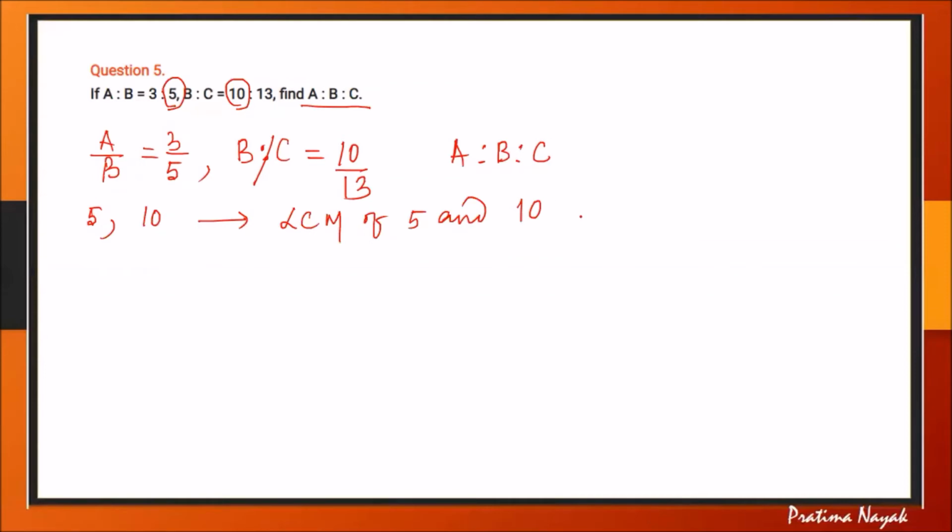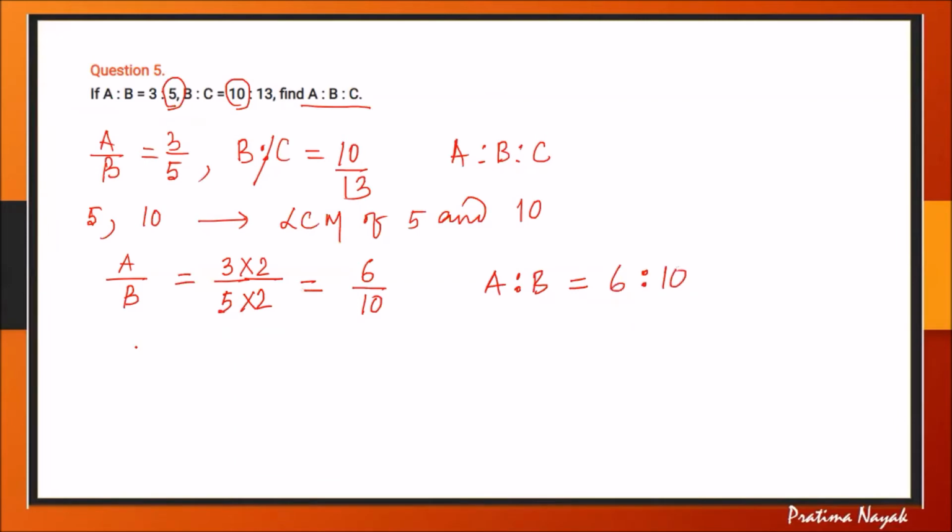So I'll make B in both cases 10. So A by B is equal to 3 by 5. To make B as 10, I'll make an equivalent ratio by multiplying by 2 and 2. So I'm getting 6 by 10. So A is to B is now 6 is to 10.